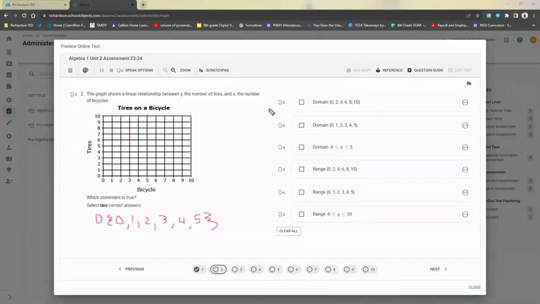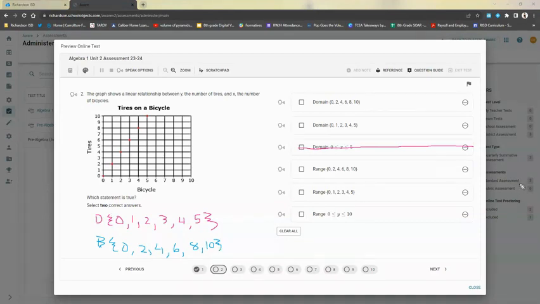Okay, so I know off the back it's not going to be this one because it's dots. Okay, and then we're going to do my range. I'm going to do this in blue. And my range is going to be all the y values. So I'm going to do R. And we have 0, 2, 4, 6, 8, and 10.